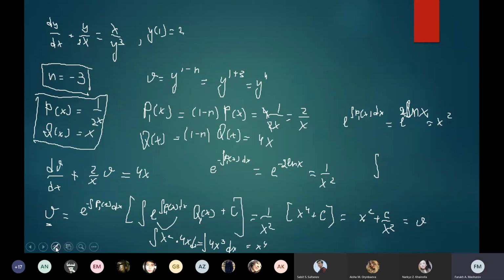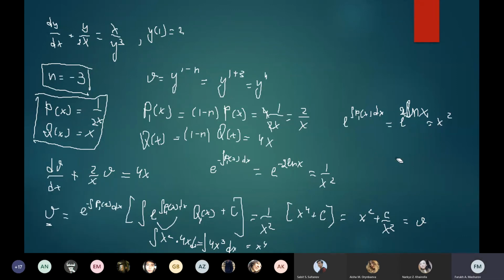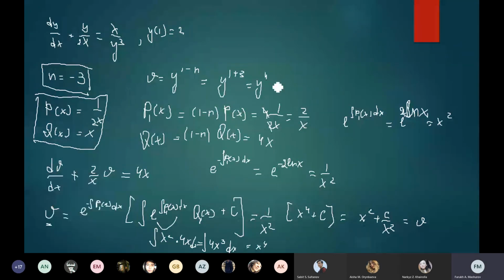Okay, this one is our v, and what we need to do? We need to find y. So instead of v, we put just y, not y. What we need to put? We need to put instead of v, y to the power 4. We write here y to the power 4 is equal to what? This one.